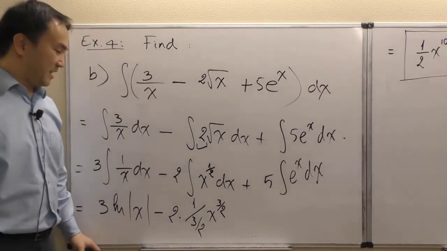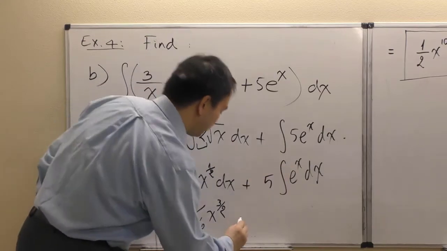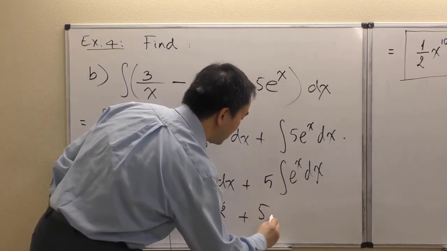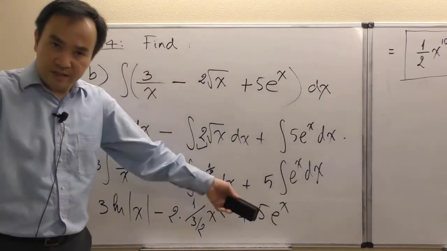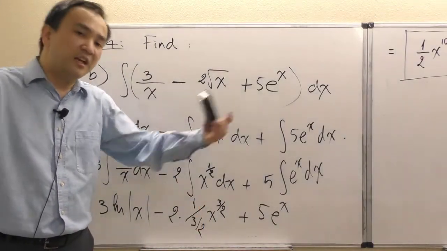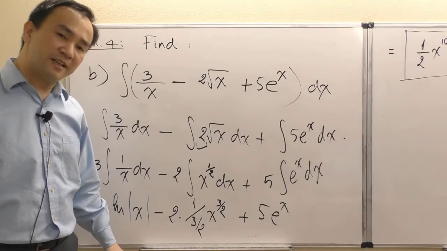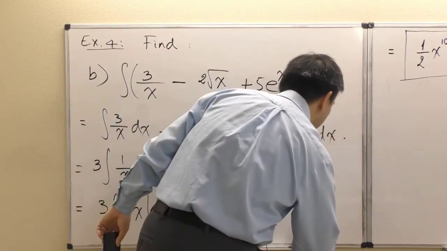And then in the next term, it's just simply 5 times e to the x, because taking the antiderivative of e to the x is e to the x. We've just learned that in the earlier part of our video lesson here. Okay, and now plus c.